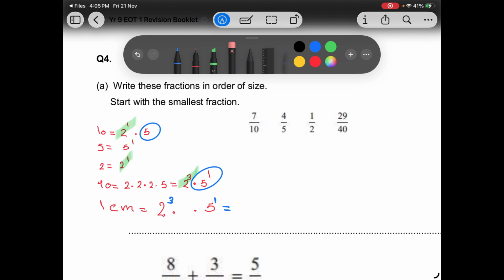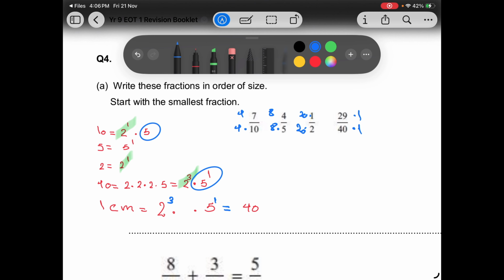Let me clean this, guys. So here the result will be 40. So I need to multiply by 4 here, by 8 here, by 20 here, and here by 1. Oh, you don't have to mention that. So by 1, this by 20, this by 8, and this by 4.